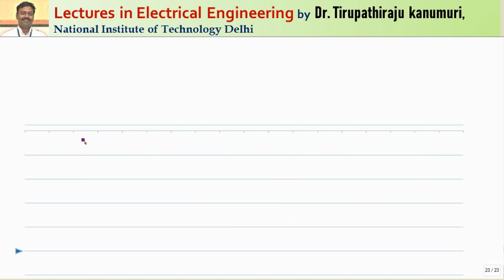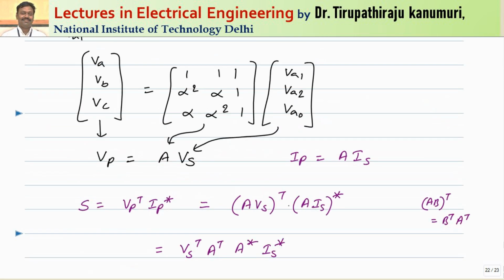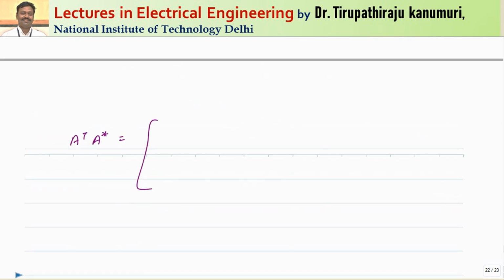So I am just calculating the value of A transpose. I am doing the product of A conjugate. So what is A transpose? So whatever value of A is there, I have to do the transpose of that one. So A I am writing here once again for the case of reference purpose.